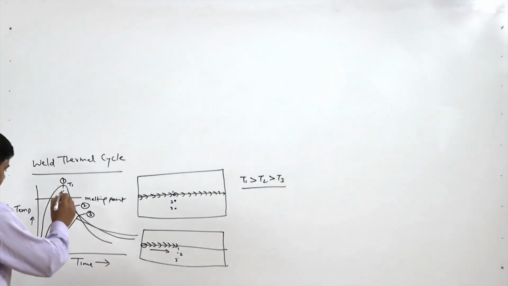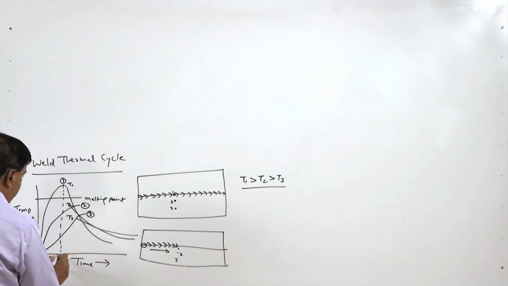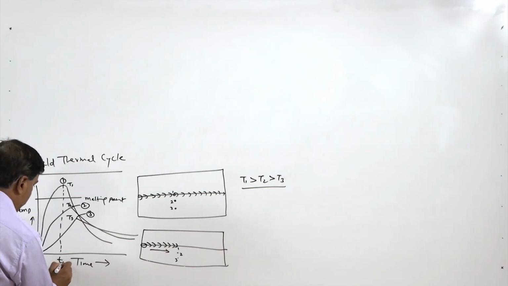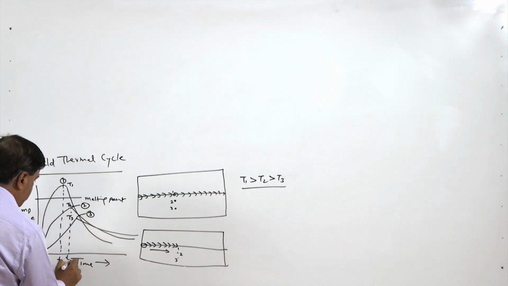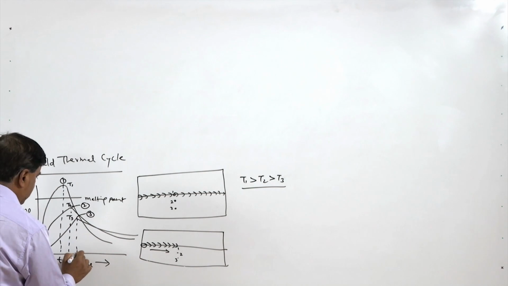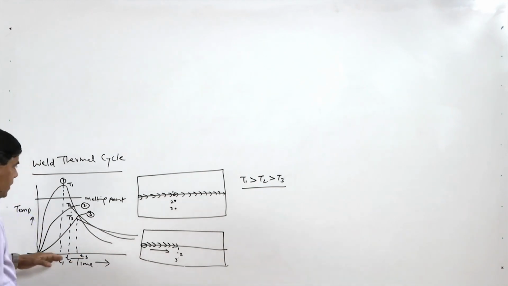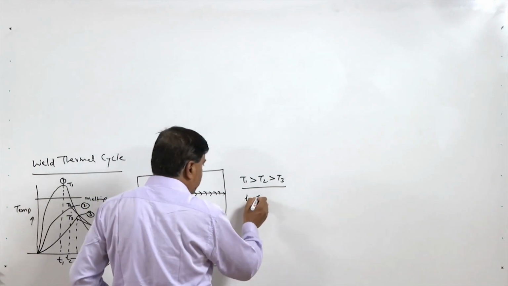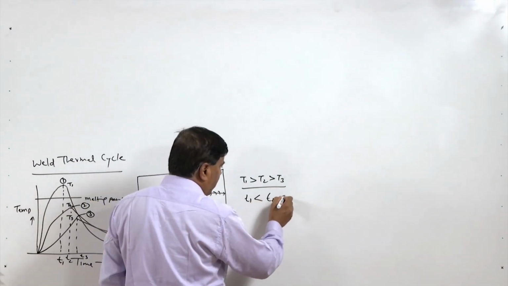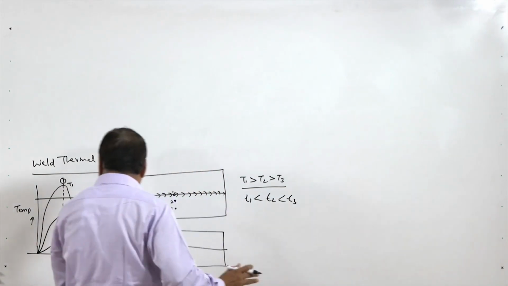Similarly, time-wise, here we have small t1, small t2 and small t3. These 3 represent that t1 takes the minimum time, t2 a longer time, and t3 a further longer time.